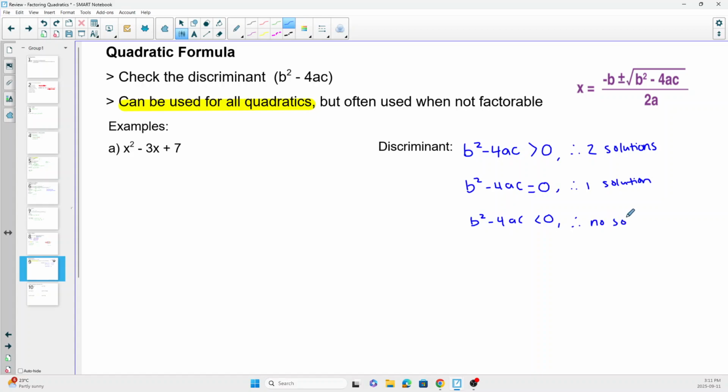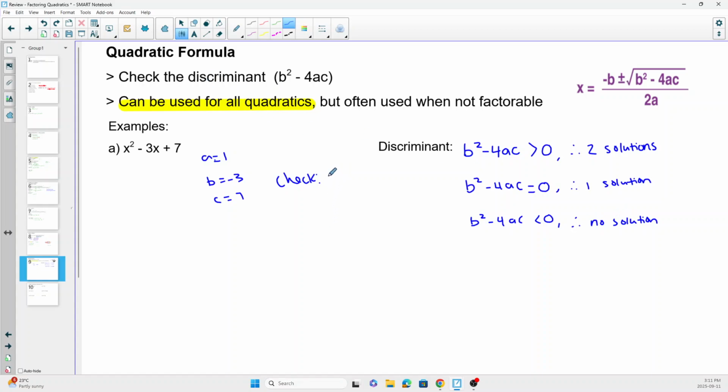No solution. So if we're looking at this example over here, we have an a value that is 1, but it's not factorable. We already checked that. We have a b value that's -3, and we have a c value that's +7. And we want to quickly check our discriminant, because if there's no solutions, then we're not going to mess around going through the whole quadratic formula.